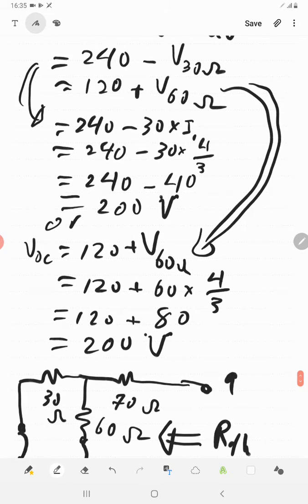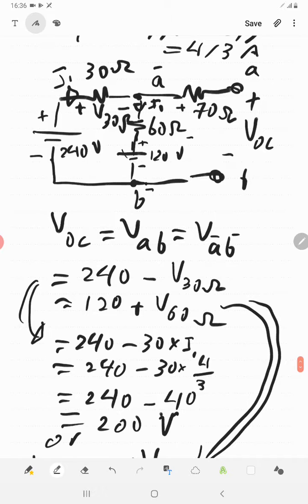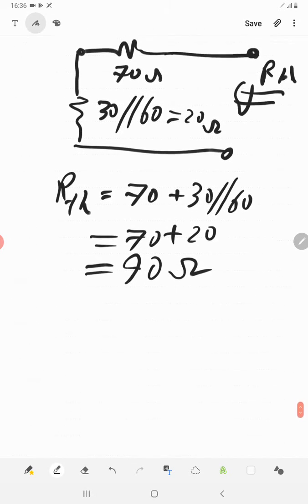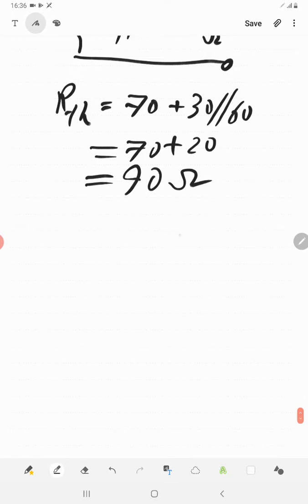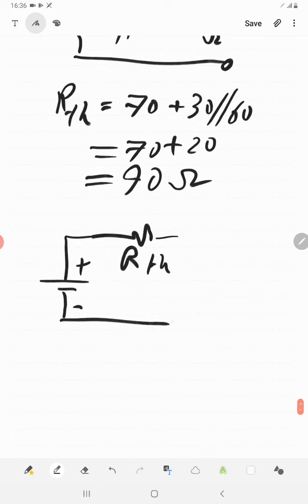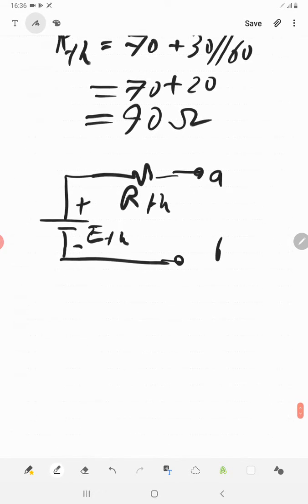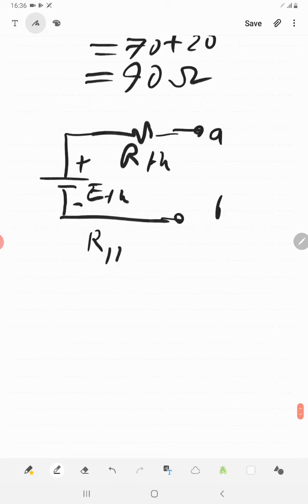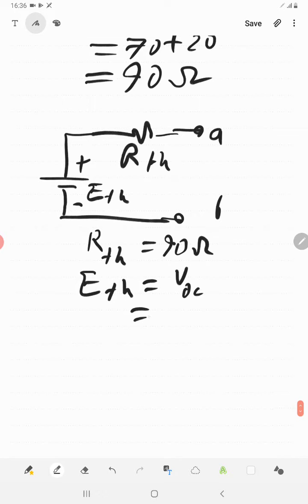Right? Okay. Then we can draw Thevenin's equivalent circuit. So this is R Thevenin, this is plus minus E Thevenin, this is A and B. So R Thevenin equals 90 ohms, E Thevenin equals V open circuit equals 200 volts.